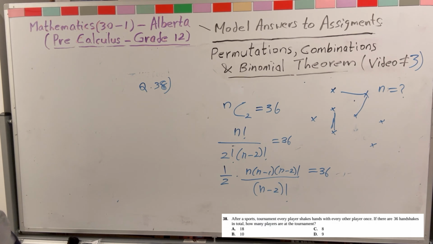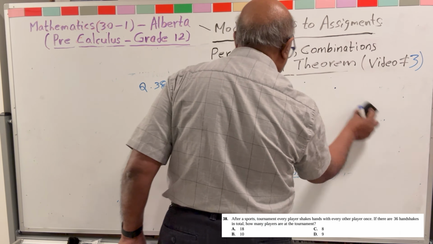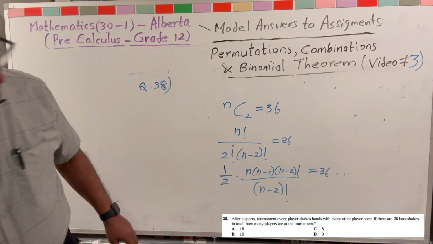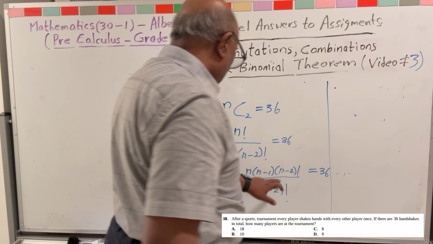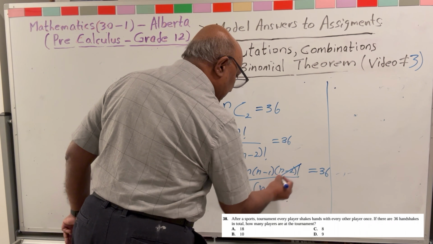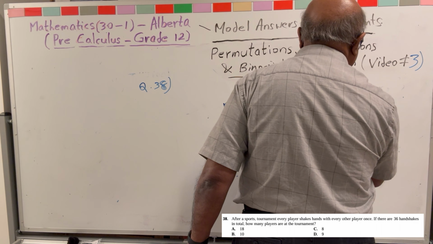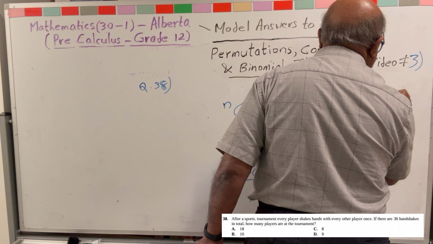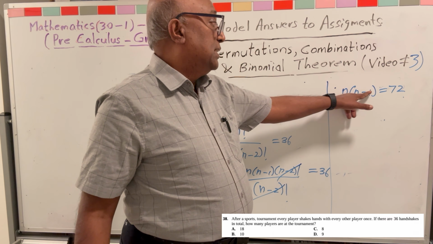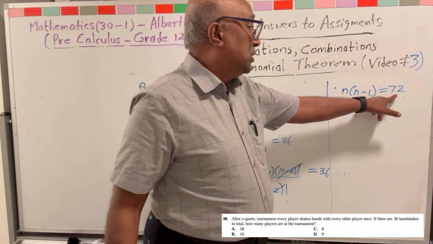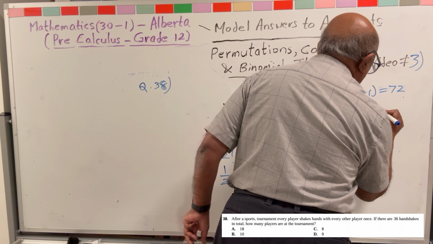Let's multiply both sides by 2. If you multiply both sides by 2 and cross out this n minus 2, we get n times n minus 1 is equal to 72. Let's expand this. n squared minus n equals 72. n squared minus n minus 72 equals 0.